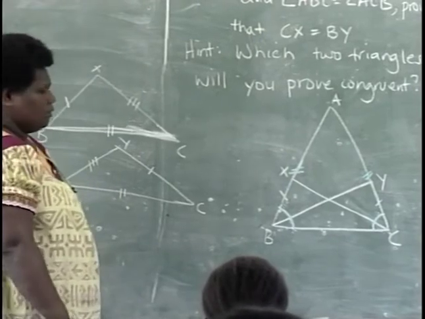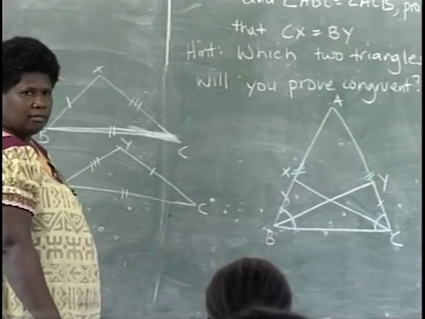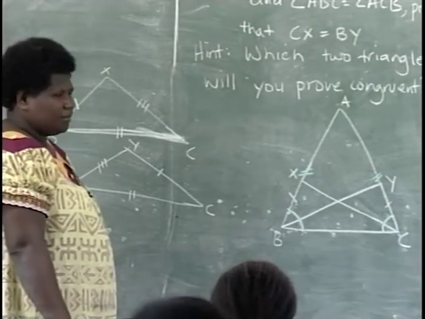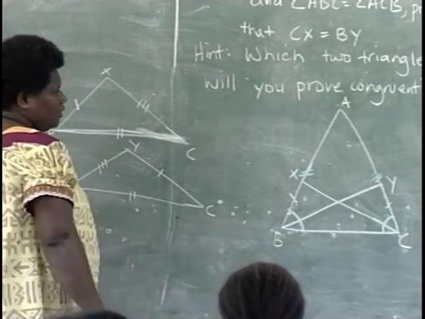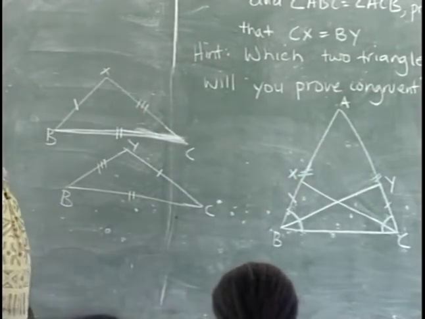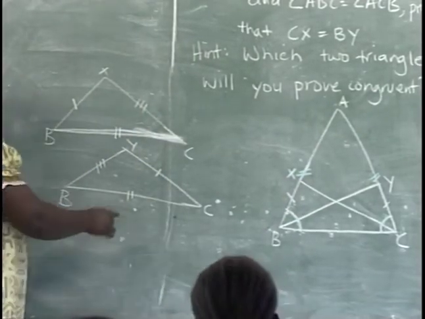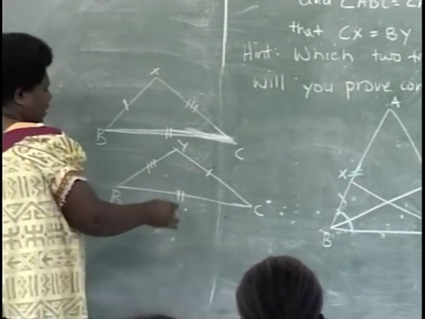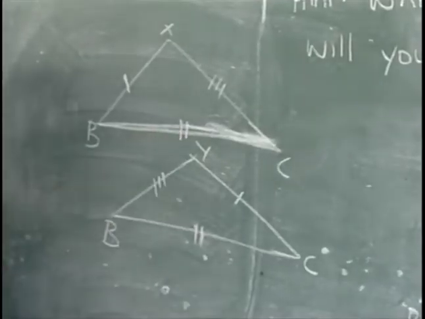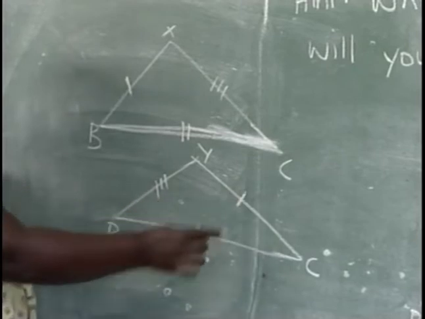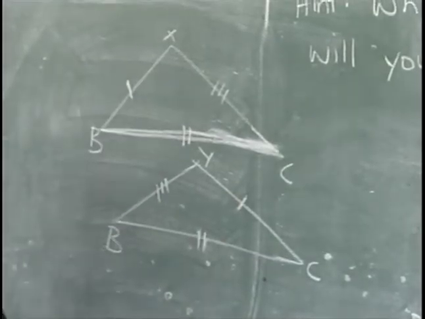Are you sure that they are equal? Are you saying that AY is equal to AX? Yes. Okay, you will note if BX is equal to CY and BC is equal to BC, then already that means that their two other sides will also be equal.